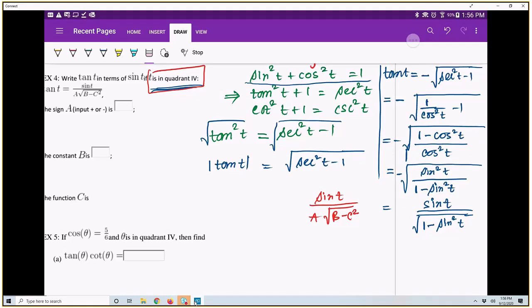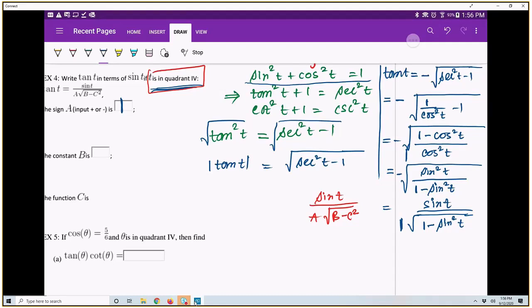So that's your answer. So what is A? A in this situation is just going to be the number 1, because I see that the square root explains that the number here is 1. So that is a positive 1. Again, remember the plus or minus has been taken care of because sine t and tangent t are both negative.